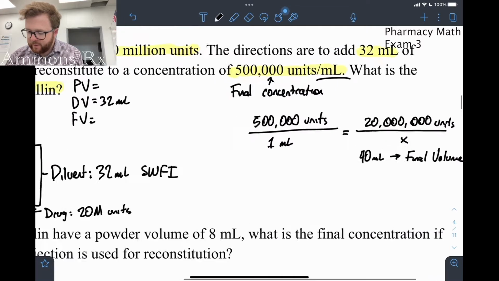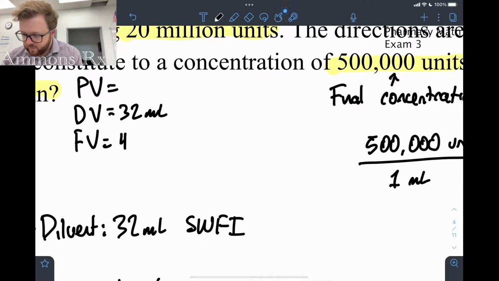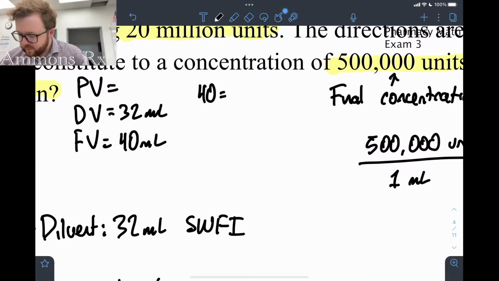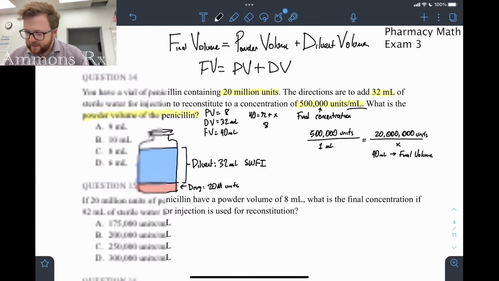Okay, so I'm going to go ahead and throw that over here. And based on our equation, FV equals PV plus DV, if we have 2, we can solve for the other. So we have 40 is equal to 32 plus X. So you're probably thinking to yourself, okay, well, that has to be an 8. So PV is 8.